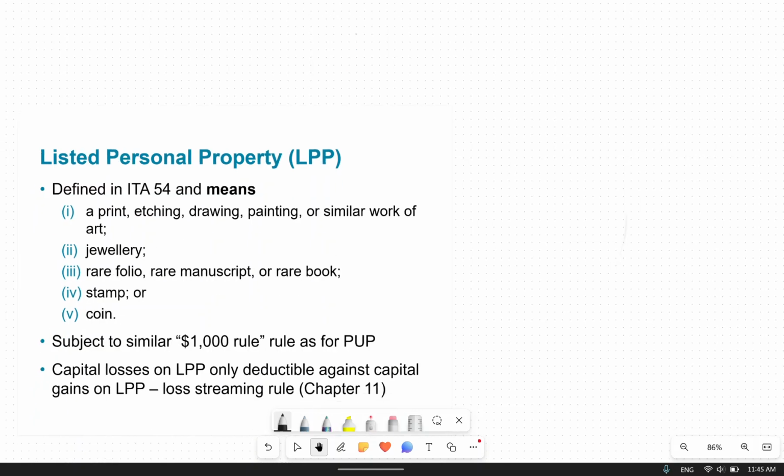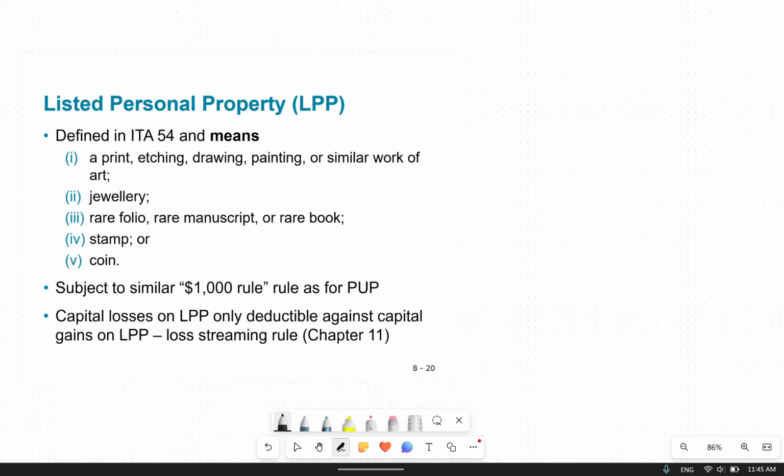Now we have something called listed personal property. They're similar. What comes under that? A print, a drawing, a painting, jewelry, a manuscript, or a book. You collect stamps and coins, which for most people is a hobby. They're subject to a similar rule as personal use property.